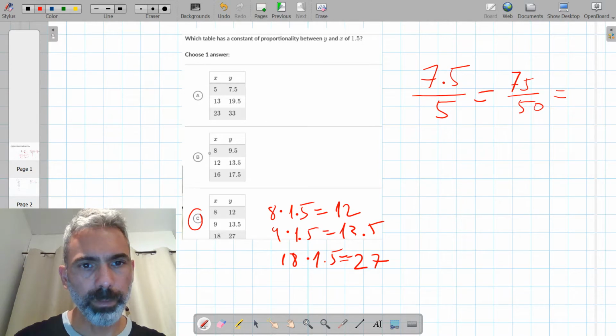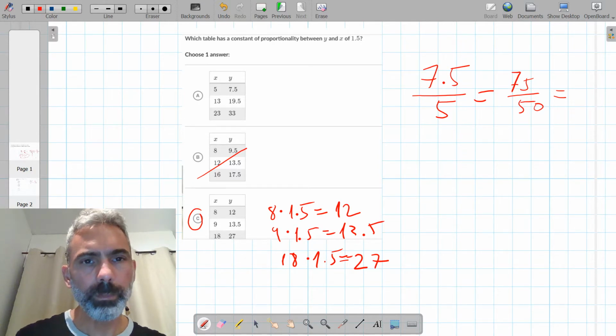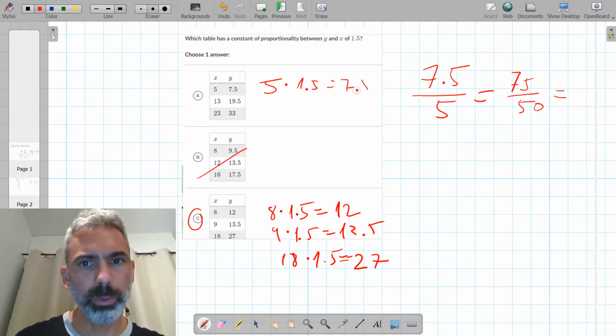Here 9.5 divided by 8, or 8 times 1.5 does not bring me to 9.5, so this is incorrect. And also here, 1/2 of 5 is 2.5. So 5 times 1.5 is indeed 7.5.